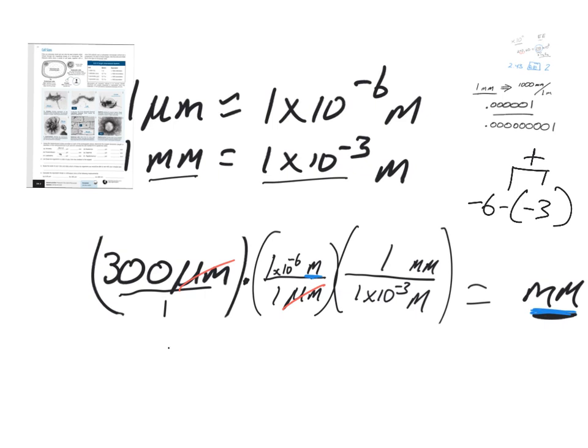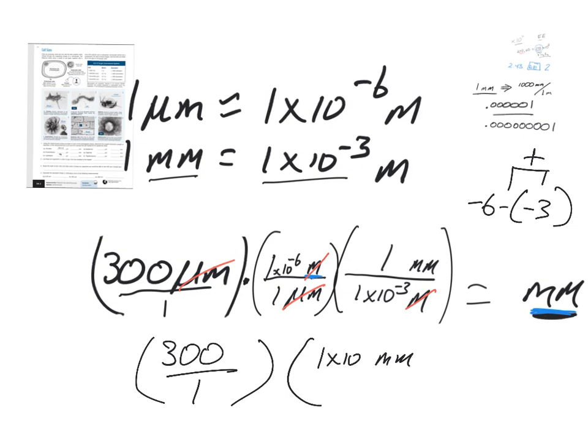So what you have is 300 divided by 1, the micrometers have canceled already, the meters have canceled, right? The only thing left is millimeters, is 1 times 10 to the negative 3 millimeters. Well, 1 times 10 to the negative 3 means I'm going to move the decimal 3 times.